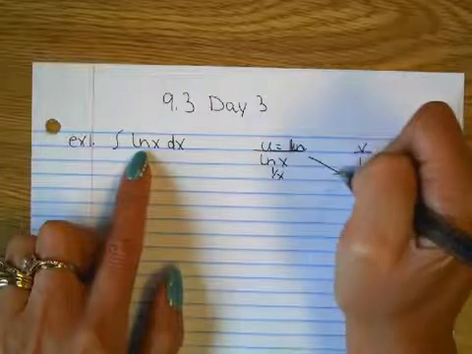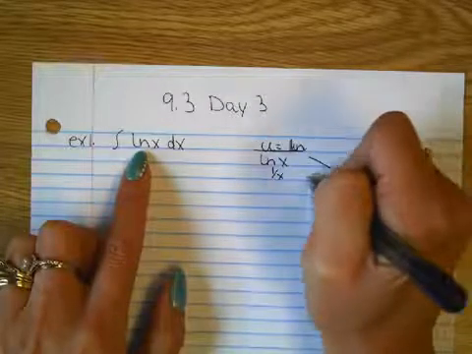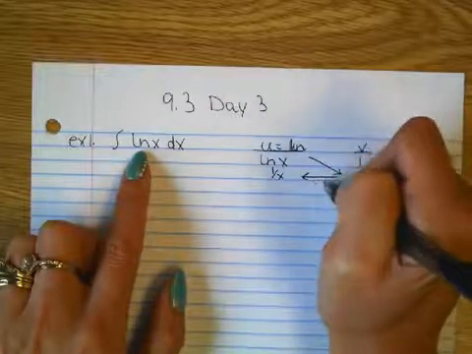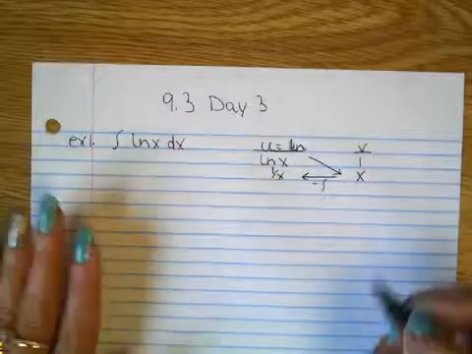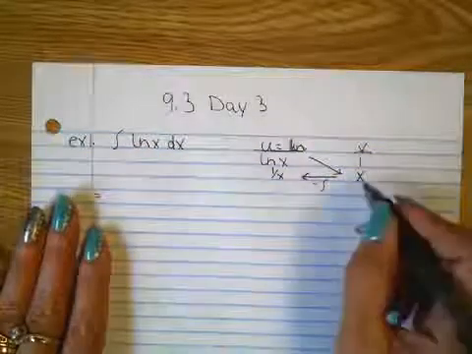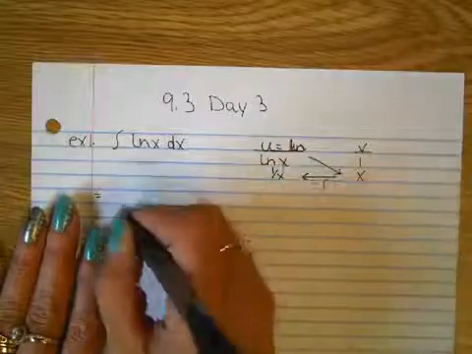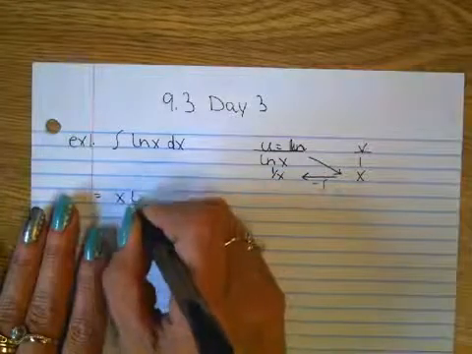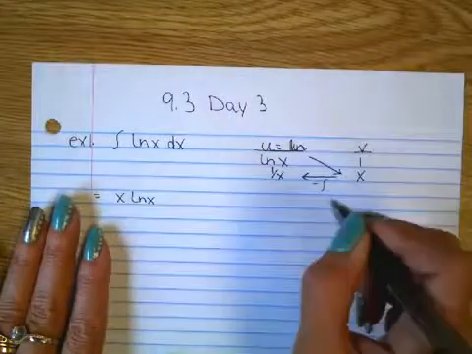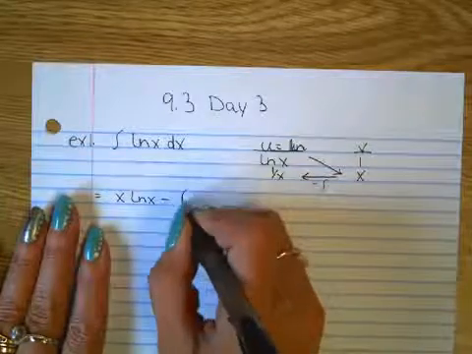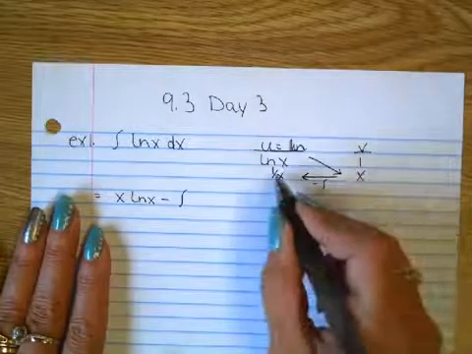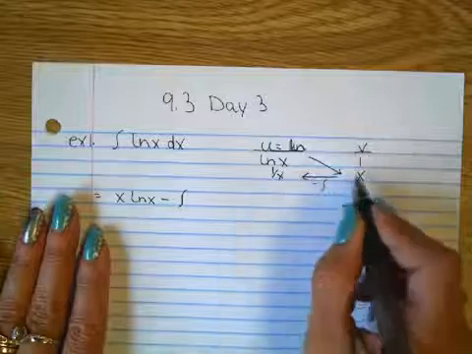So we will multiply and then subtract the integral. So it will be x times ln of x minus the integral of x times 1 over x. The x's are going to cancel out.